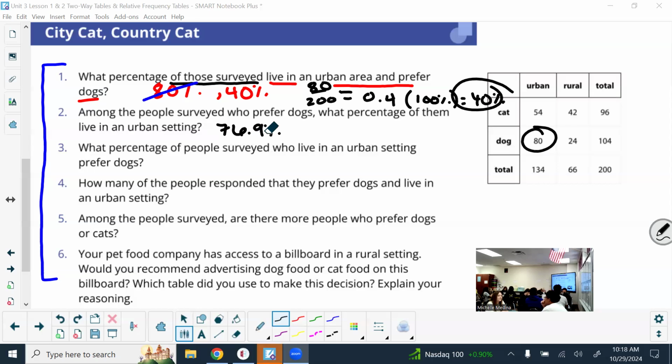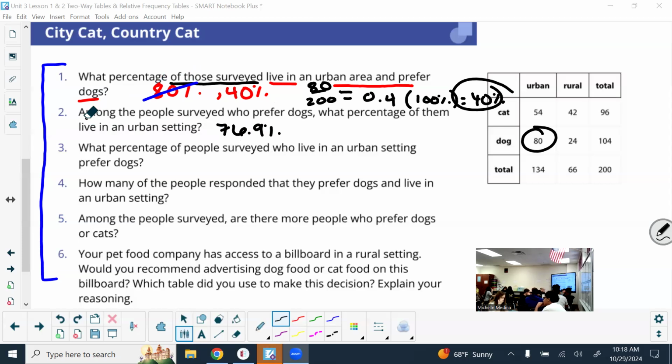Anyone get something other than that? Anyone think that number 2 is asking the same exact thing as number 1? Yes. So it's meant to sound similar. But like I said, for these, you just have to read it really closely.